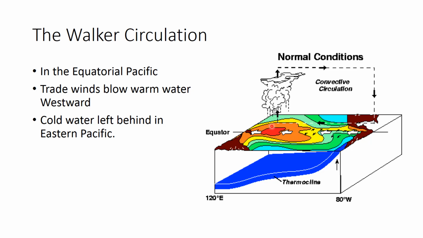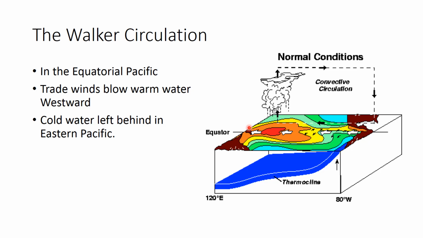And so you get this really large body of very warm water in the western half of the Pacific Ocean. And warm water leads to warm air. Warm air rises. As warm air rises, it expands, cools, and condenses, and that creates thunderstorms and stormy weather.